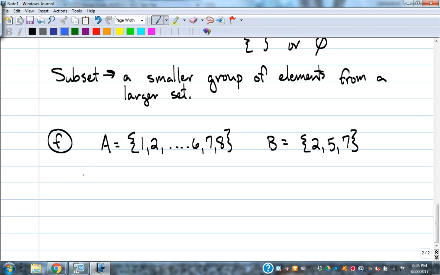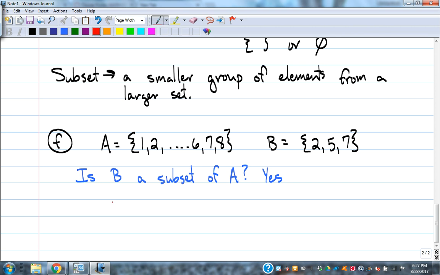We want to answer this question. Is B a subset of A? To be a subset, that means every element in the smaller set has to be in the larger set. 2, 5, and 7 in set A. Yes. So B is a subset of A.